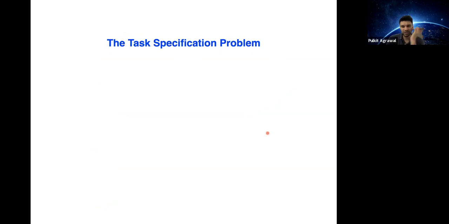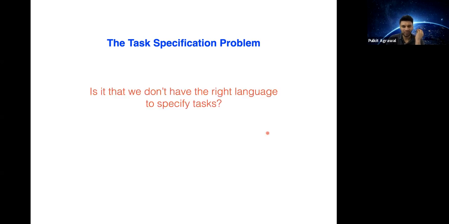And this is what you can think of as the task specification problem, right? Specifying what to do is problematic. And you can ask the question, is it that we don't have the right language to specify tasks? A part of it is yes, because as humans, we would like to specify tasks in language, but machines don't really understand language, right?